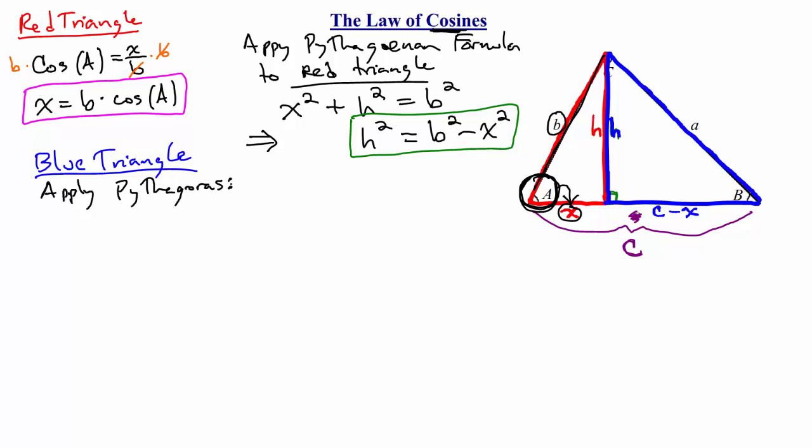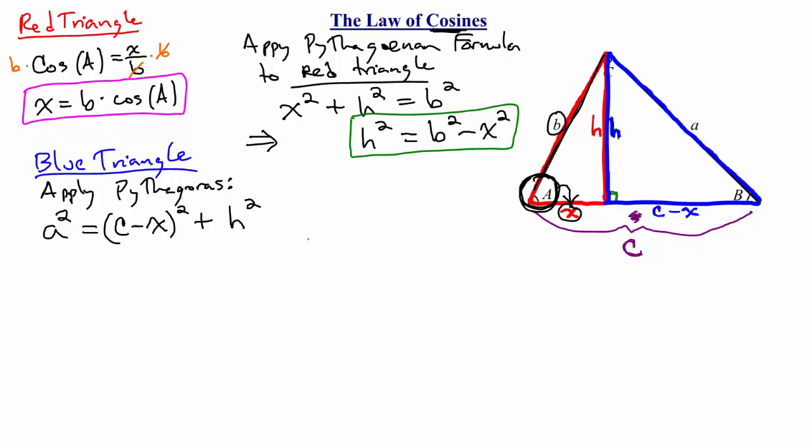According to Pythagoras, the sum of the squares of the shorter sides, c minus x squared and h squared, will be equal to the square of the hypotenuse, which in this case is a. Let me tidy this up a little bit so it's more clear.